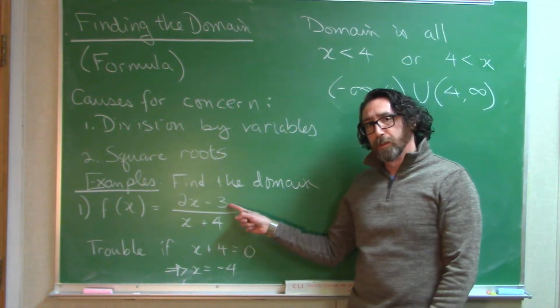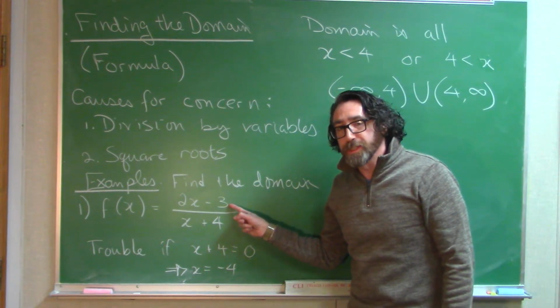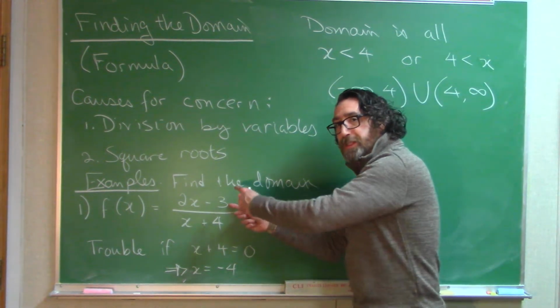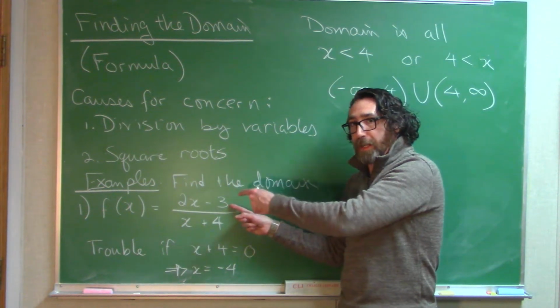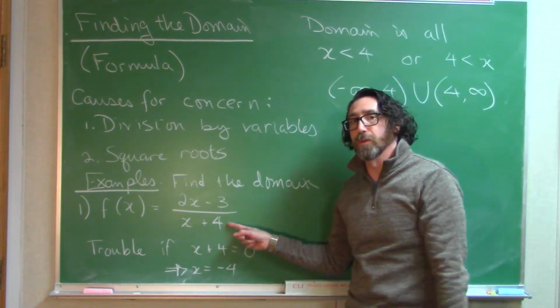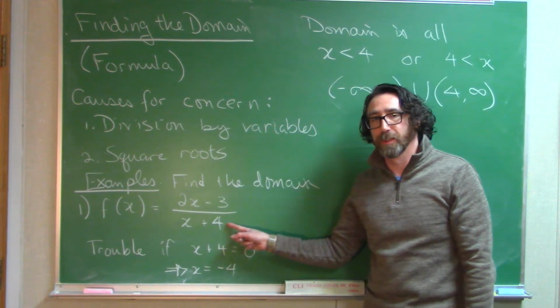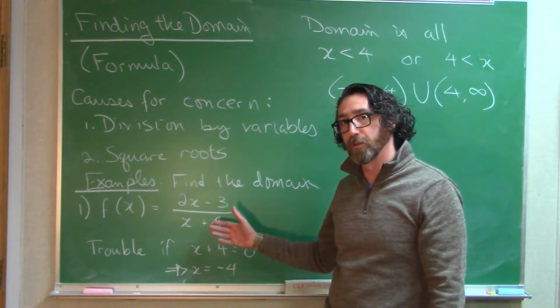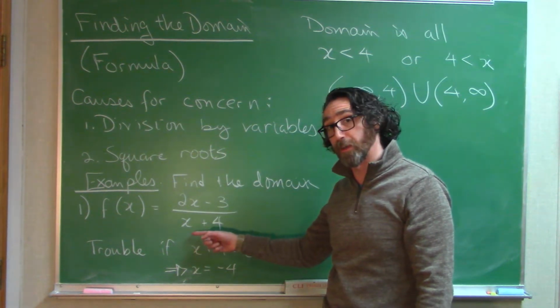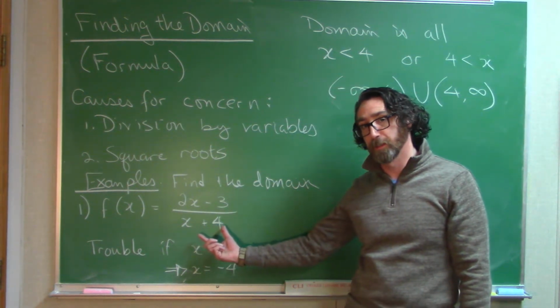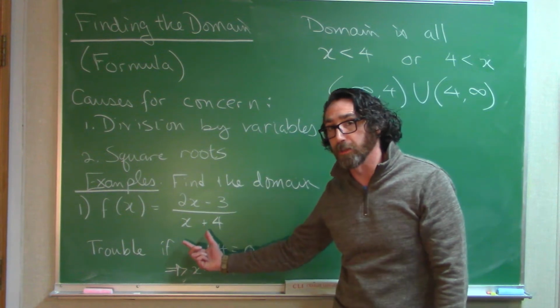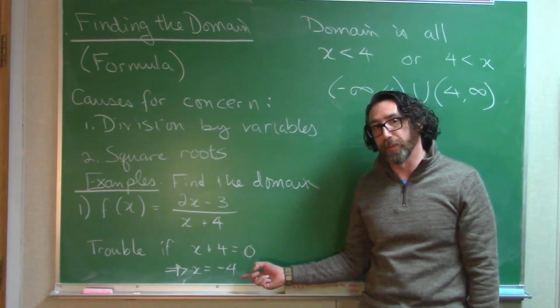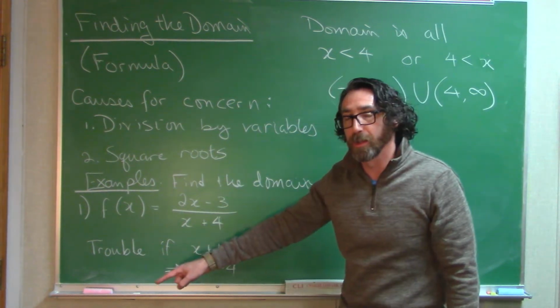Notice the numerator being 0, that's fine. You can have a 0 in the top of your fraction. It's having a 0 downstairs that's trouble. So if your function involves division by a variable, take the denominator, set that equal to 0. That will tell you what is out of the domain.